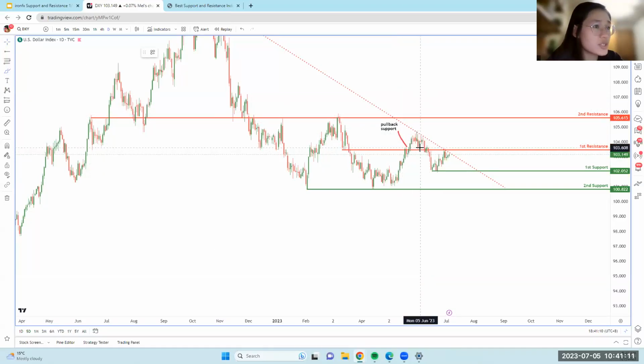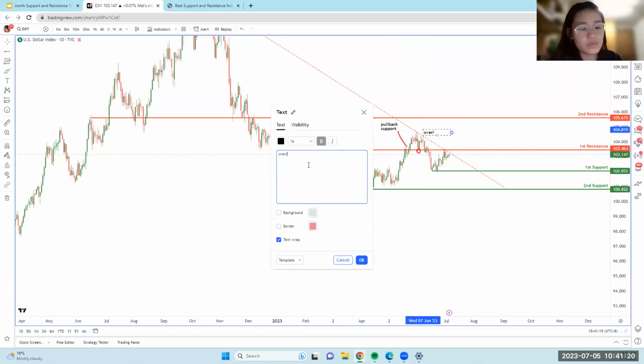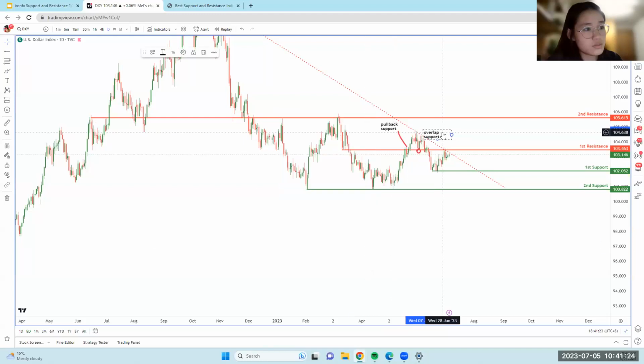Once price, you can see price reversed off of this level, and then it becomes an overlap support. Okay, right at this circle here. But then it bounced off and it cut through again.